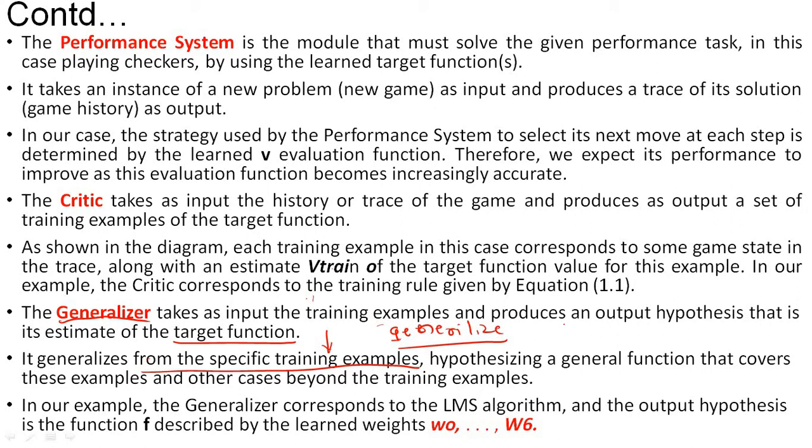Hence we have to generalize our training examples and our target system. The example of the generalizer corresponds to the LMS algorithm. You might know this LMS algorithm, we have already studied it. The LMS algorithm is used to reduce the error.